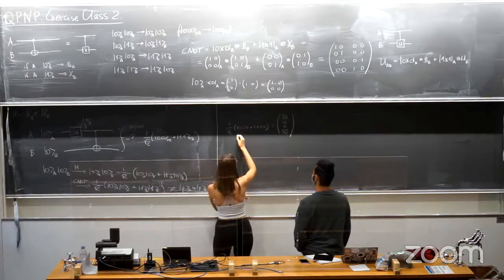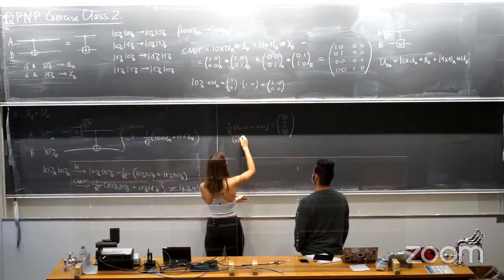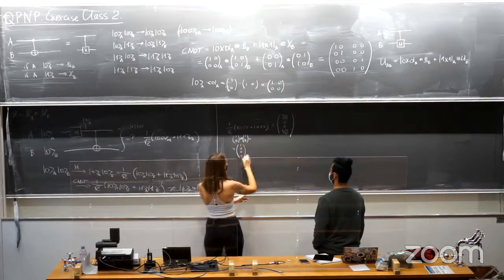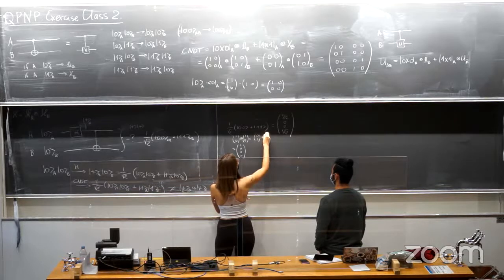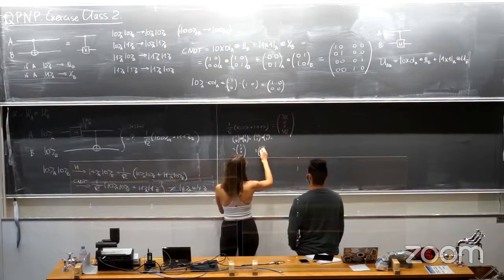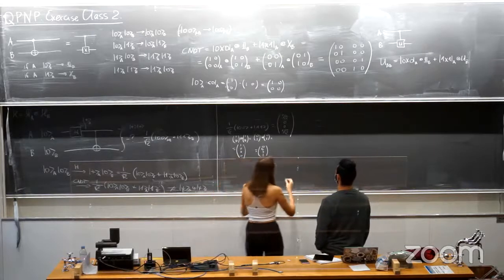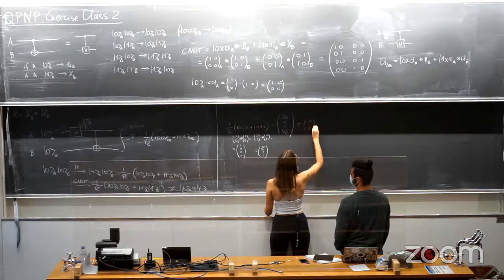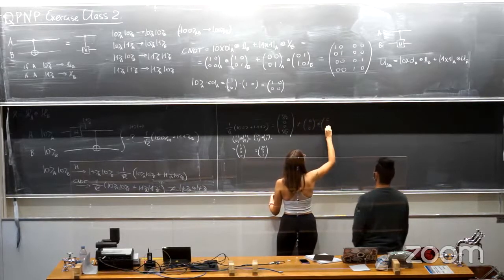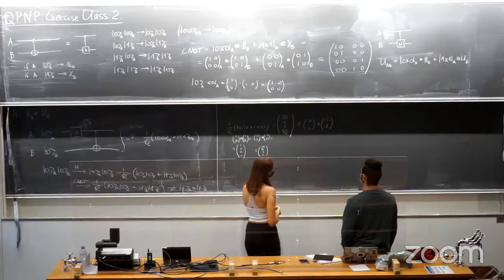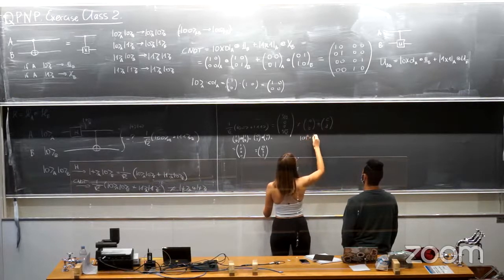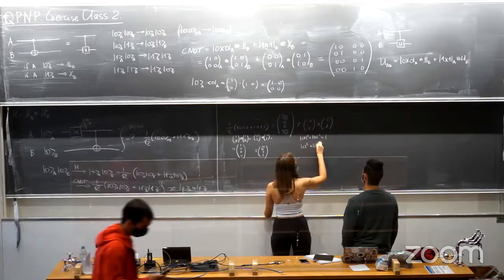So 0, 0 and 1, 1. Then what I claim is that this is not equal to, let's say, (A, B) tensor (C, D), with appropriate A squared plus B squared equal to 1, C squared plus D squared equal to 1.